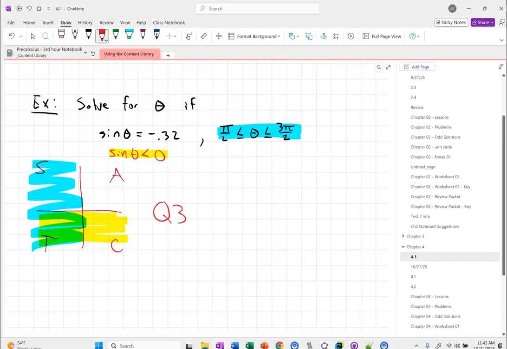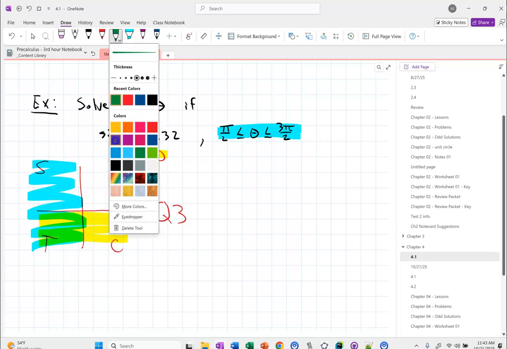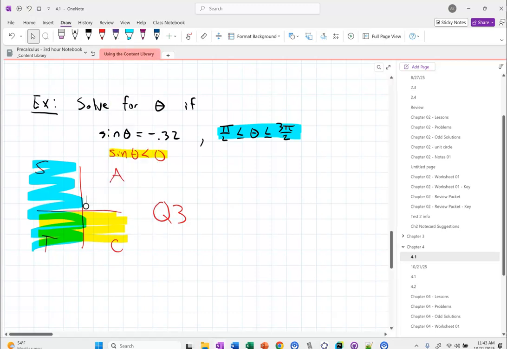So we know that our answer, use a different color. Green was a terrible choice. Purple, now that's a choice. So we know our answer for theta is something that looks like that, right? Everybody's okay with that? So what I'm going to do is I can't find that theta directly with my calculator.